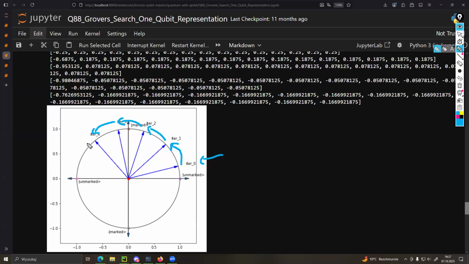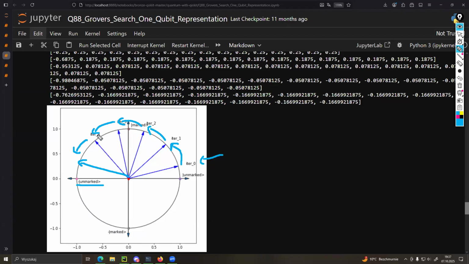So this is exactly what happens in actual quantum realms. So we actually rotate. If we have applied it yet another time, we would have rotated even further into unmarked again. So it means that our probability of having an answer represented by one of our states from unmarked will get boosted, right?